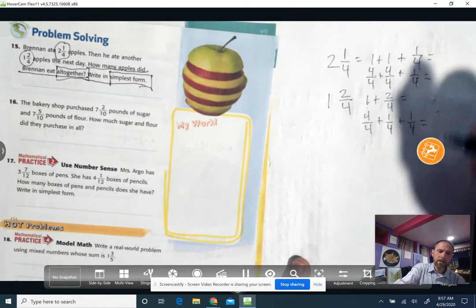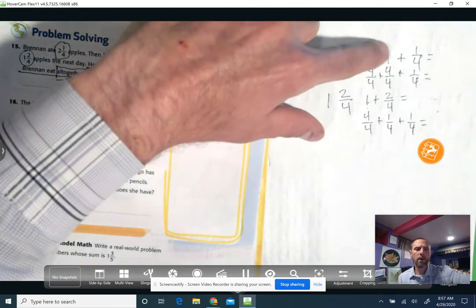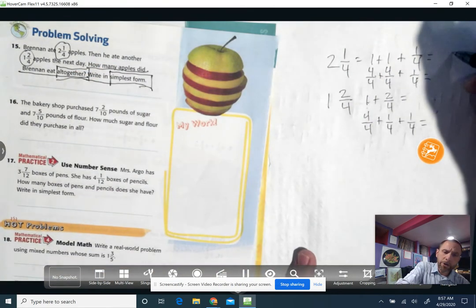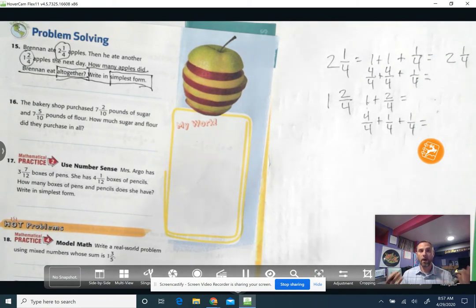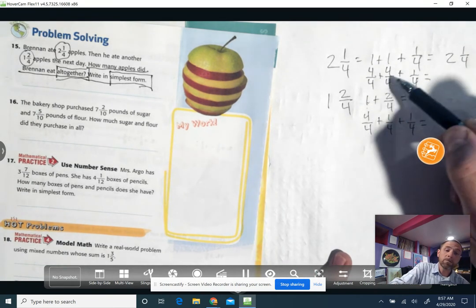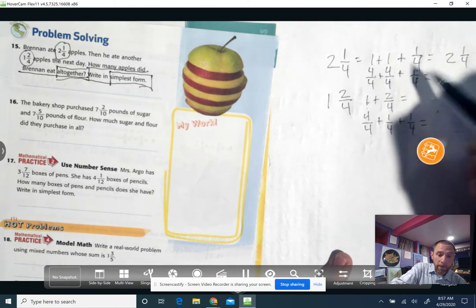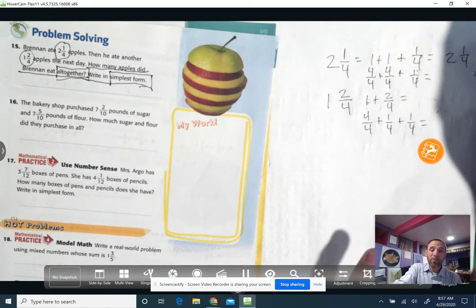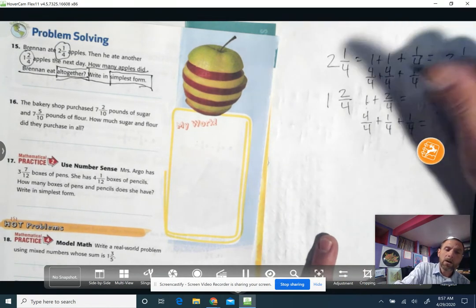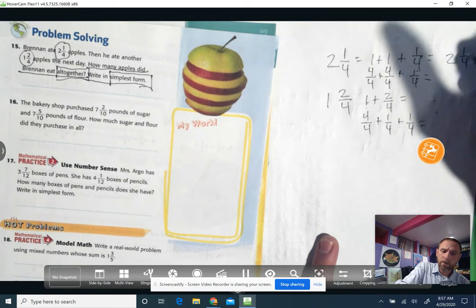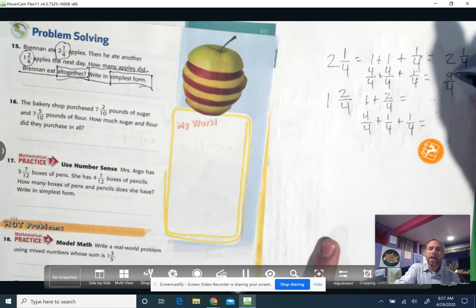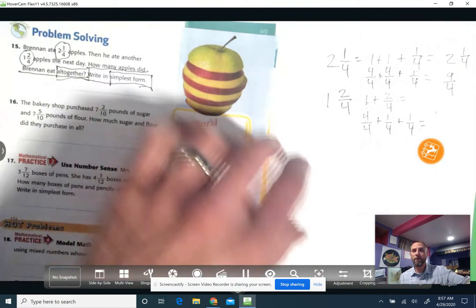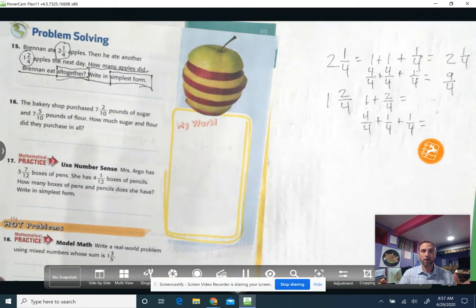So let's take a look here. 1 plus 1 gives us our 2, plus 1/4 gives us our 1/4. Okay, 4/4 plus 4/4 plus 1/4. This is your improper fraction. Okay, 4/4 plus 4/4 plus 1/4 gives us our 9/4. 9/4 and 2 1/4 are the same number, okay, represented differently.